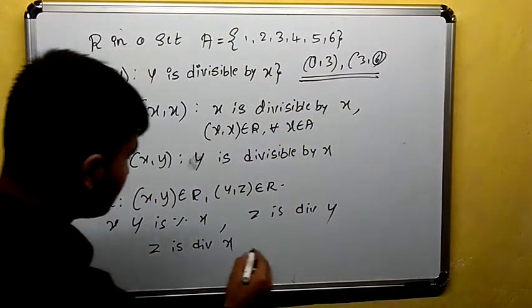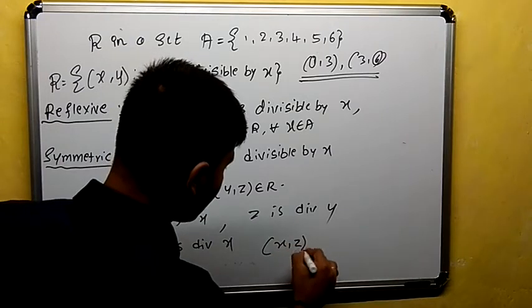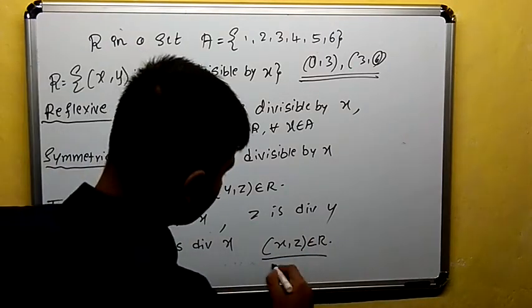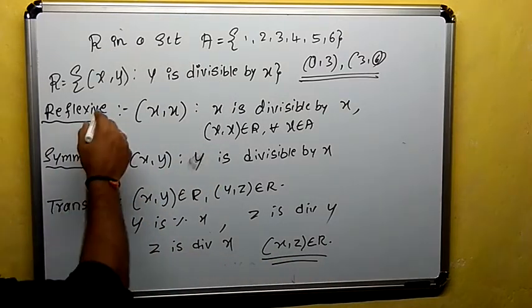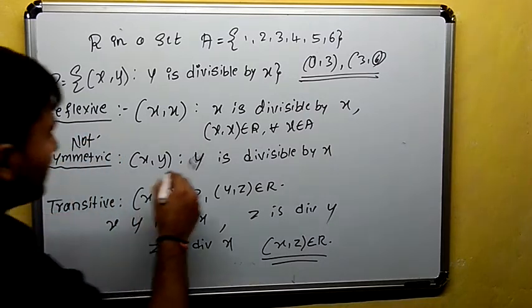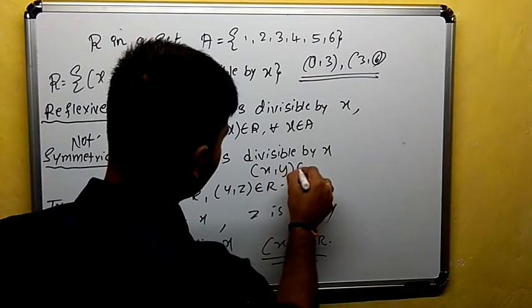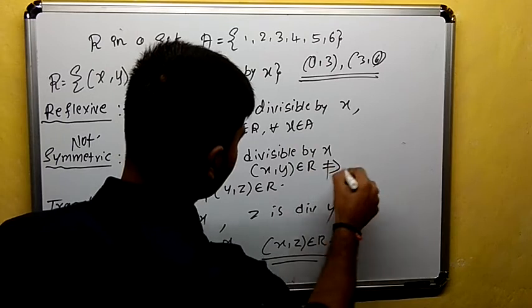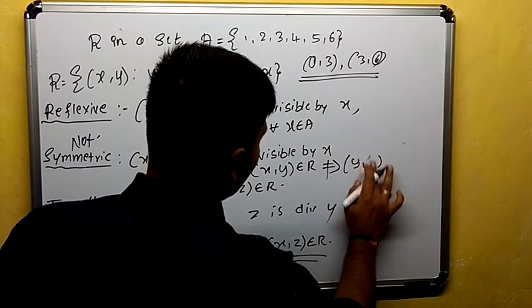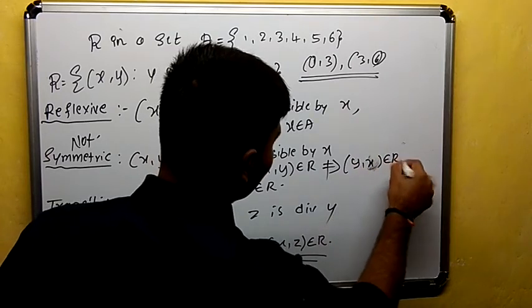Therefore z is divisible by x means ordered pair (x, z) belongs to R. Hence we can say this relation is transitive and reflexive but not symmetric. This is not symmetric because (x, y) belongs to R does not imply (y, x) belongs to R.